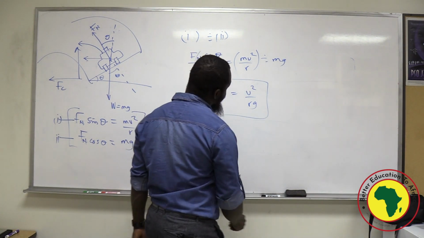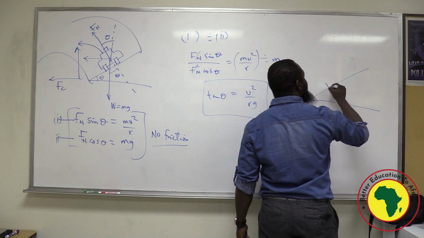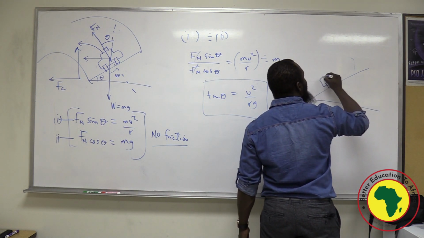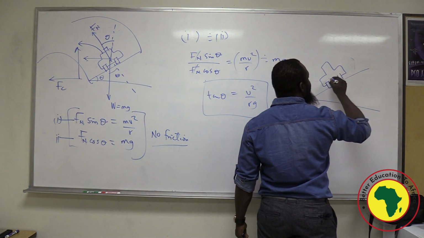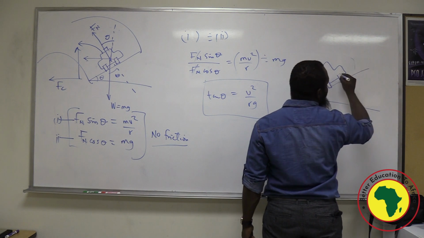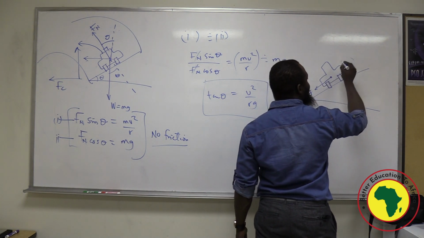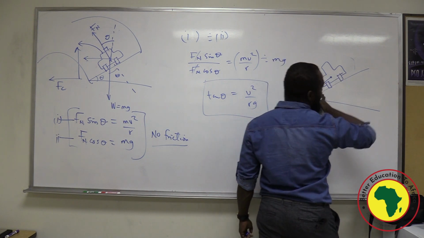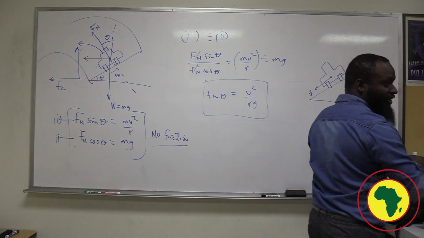So how do we solve that problem when we have friction? I still have my car like this. Now let's find the maximum speed, so I'm trying to skid off, and my friction is going down. Why does friction pull you down? Because the car is trying to skid off.